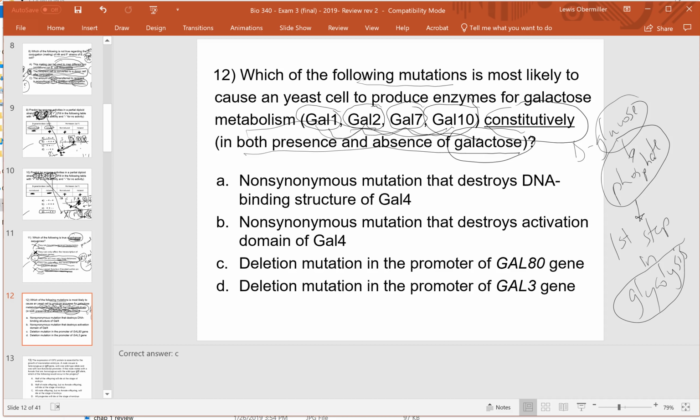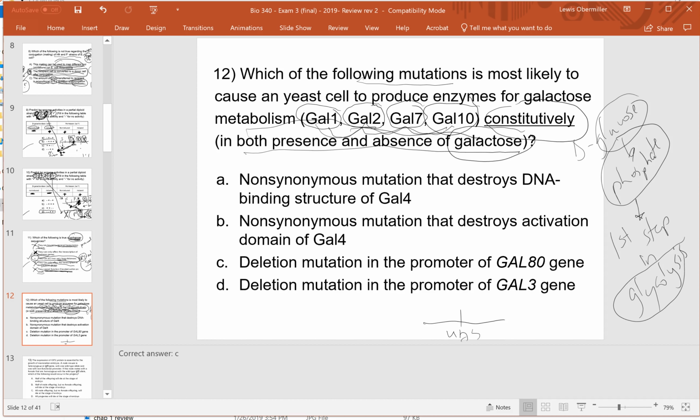So we have a UAS, and then GAL4 binds to this DNA sequence. So this is a cis sequence, and GAL4 is trans, so it's a protein. And GAL4 acts like a transcriptional activator, so it will turn this on.